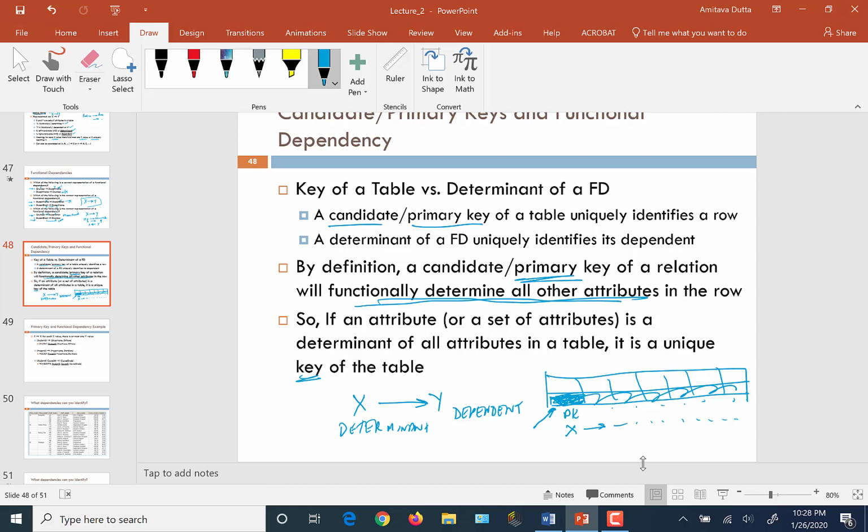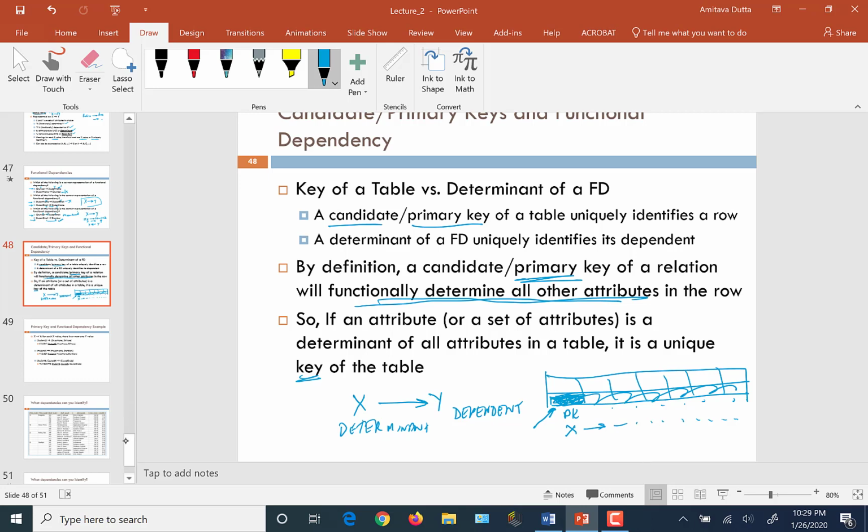Okay, so there is some correspondence between keys and functional dependencies. All that we need to remember for now is that a primary key uniquely identifies every row in the table, and hence it functionally determines all other attributes in that row.